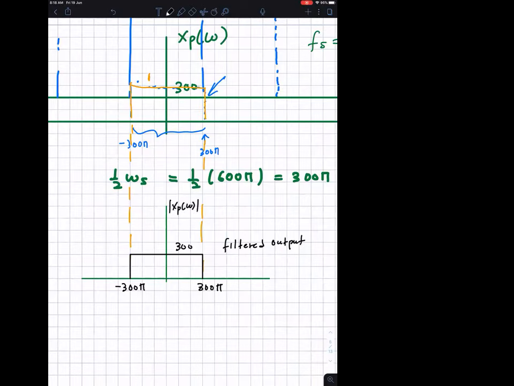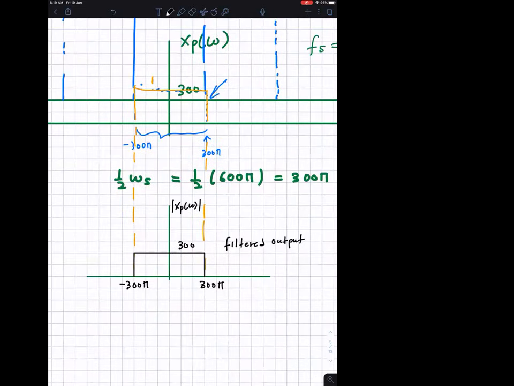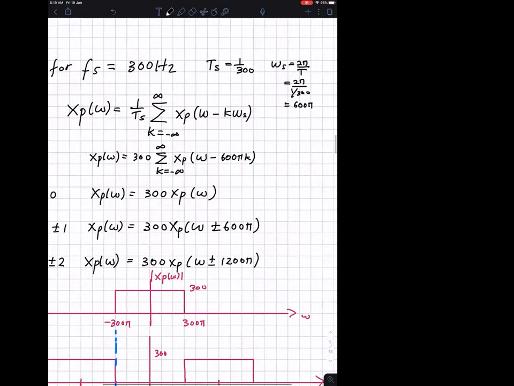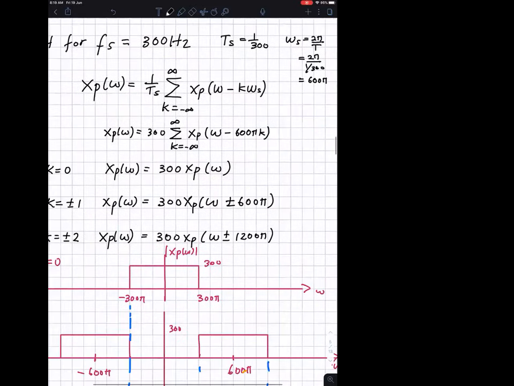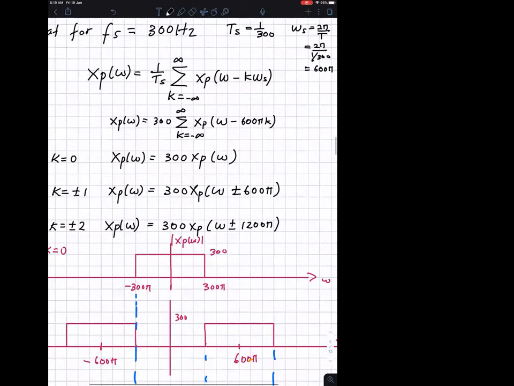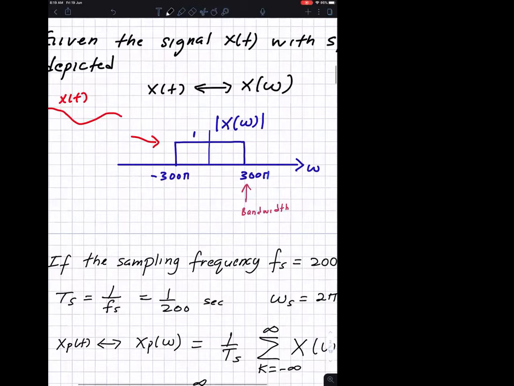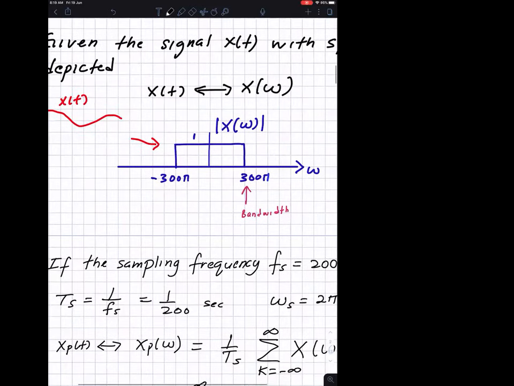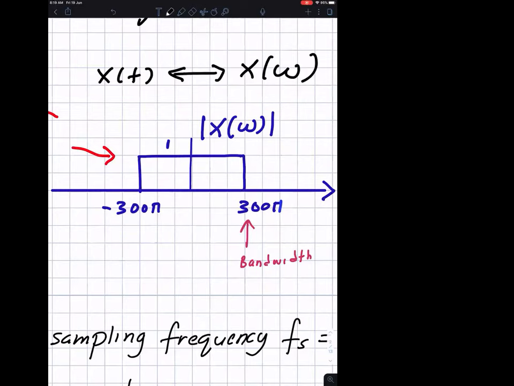Any question? No, sir. So if you look at this and look at the original signal, once you increase the sampling frequency, you are able to filter it out. You're not losing any bandwidth. You get the same bandwidth out once you increase the sampling frequency to twice the bandwidth. Do you note that?